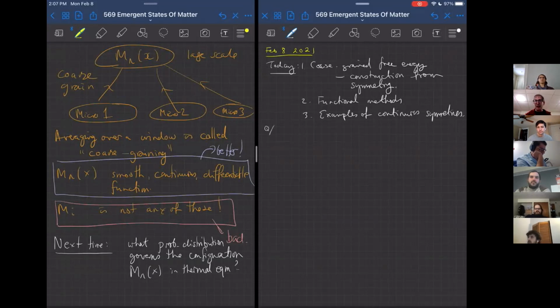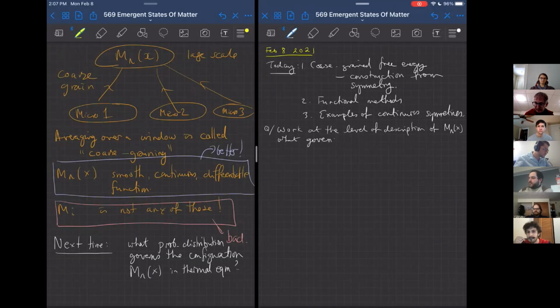So the question that we want to discuss then is, if we work at the level of description of m lambda of x, what governs its statistical mechanics?